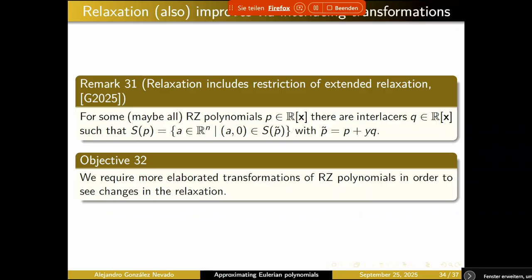It's a way of measuring in the diagonal what happens, right? These multivariate polynomials, the multivariate Eulerian polynomials, the ones that you form with the descent tops, they are also interesting by themselves. And the relaxation gives you a bound for the roots, a global bound for the roots of these polynomials.